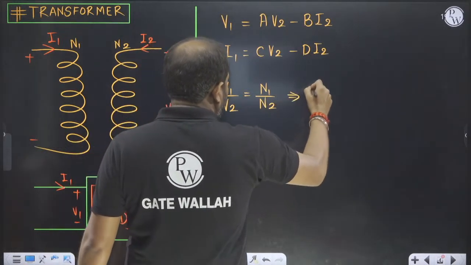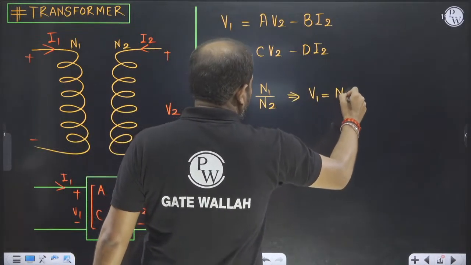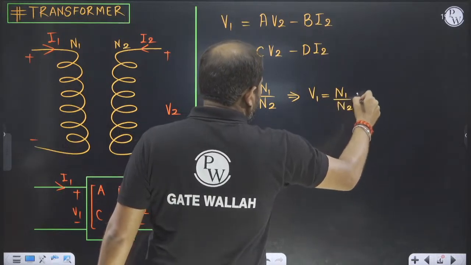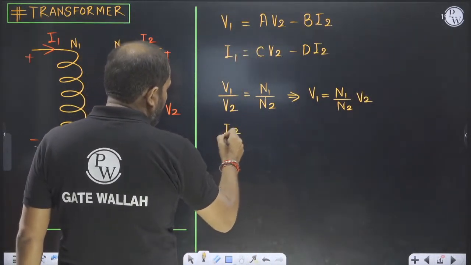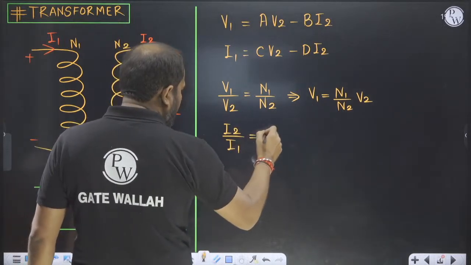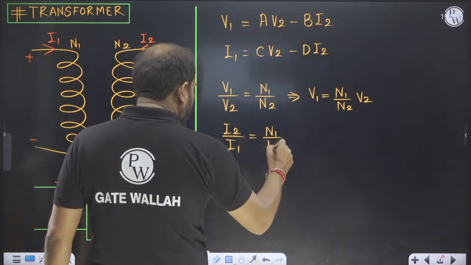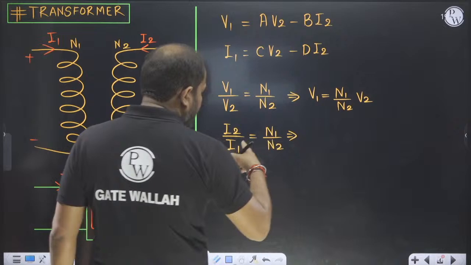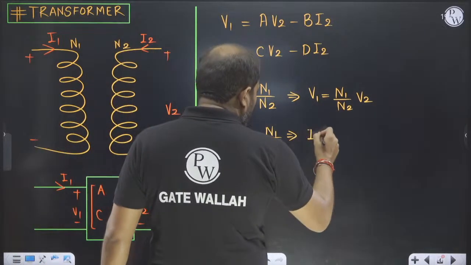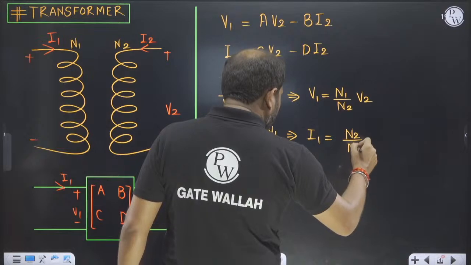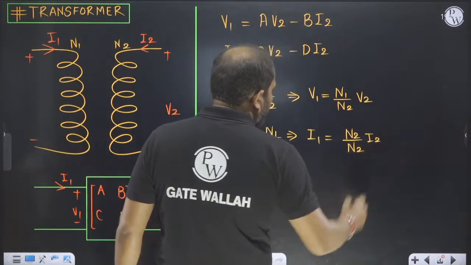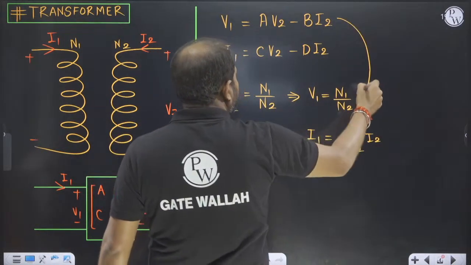So V1 will be equal to N1 by N2 into V2. And I2 by I1, output by input, is equal to N1 by N2. In case of current it is the opposite relation. So I1 will be equal to N2 by N1 times I2. I will compare this equation.